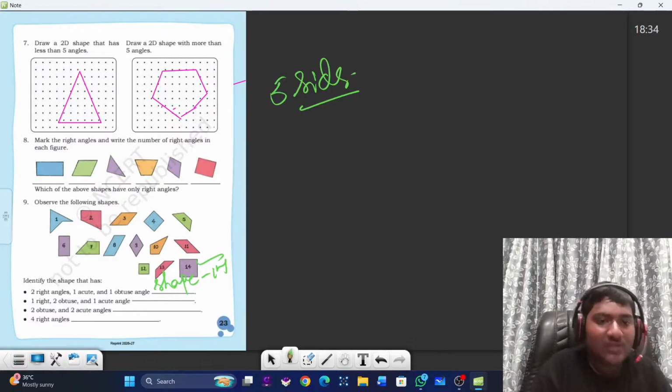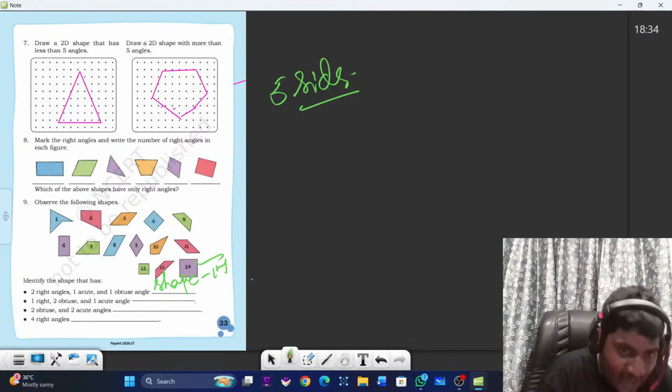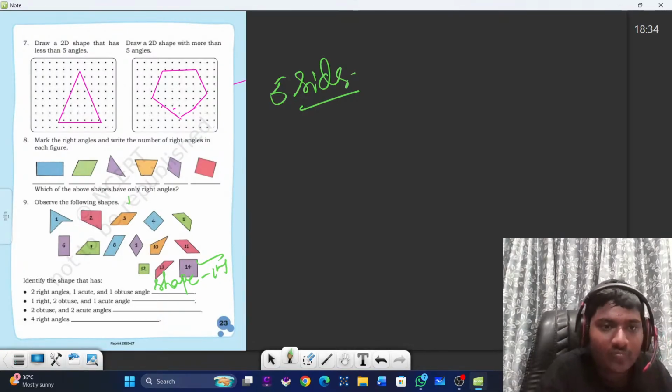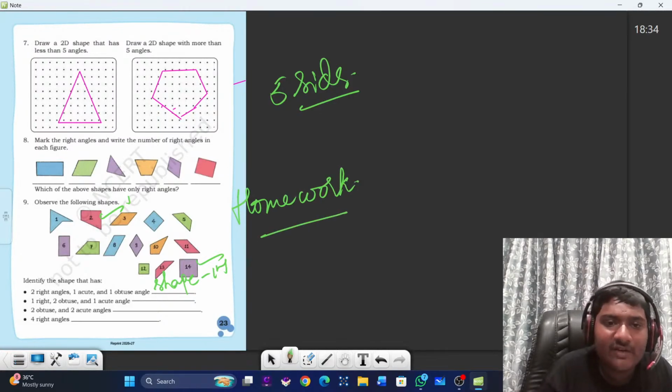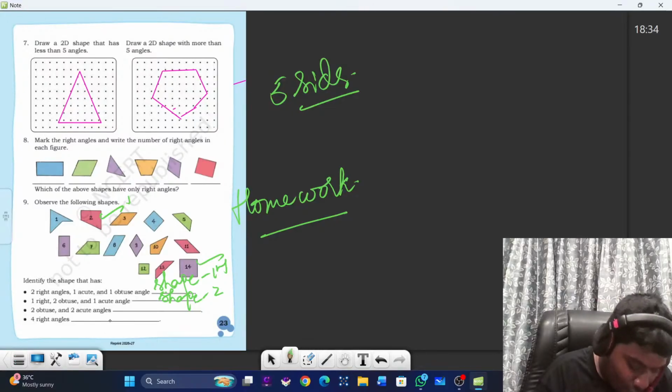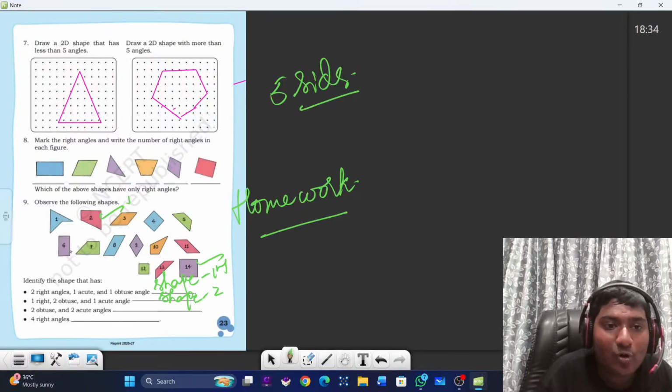One right, 2 obtuse and one acute angle. So what will be that? Shape 2. This you can do as homework, but the direct answers will be given by me. This will be shape 2. 2 obtuse and 2 acute angles and 4 right angles. What are the 4 right angles? Shape 6 will be 4 right angles.